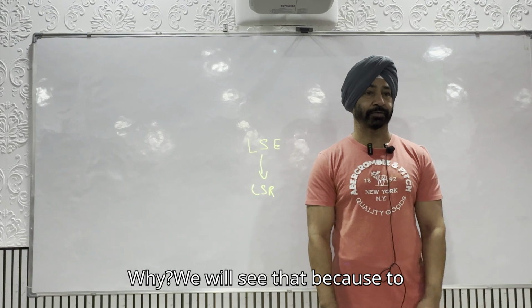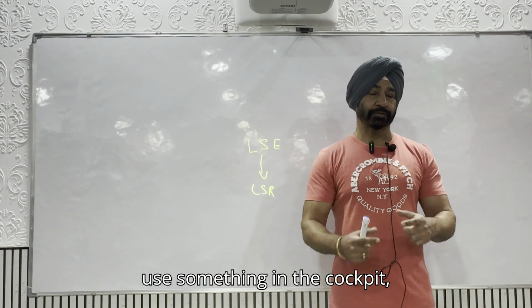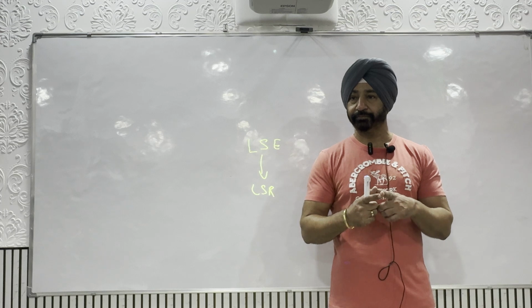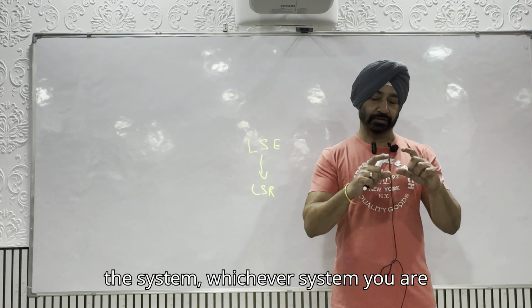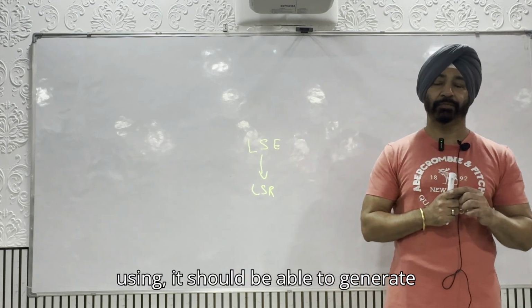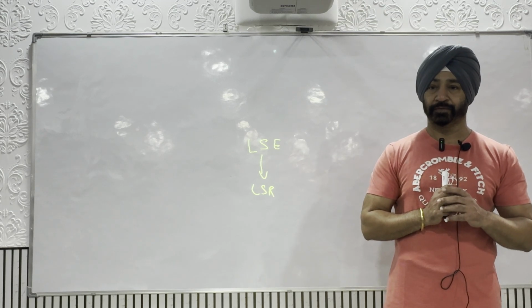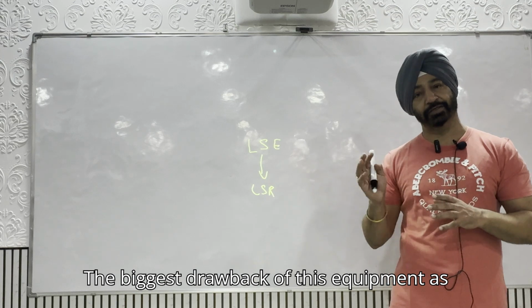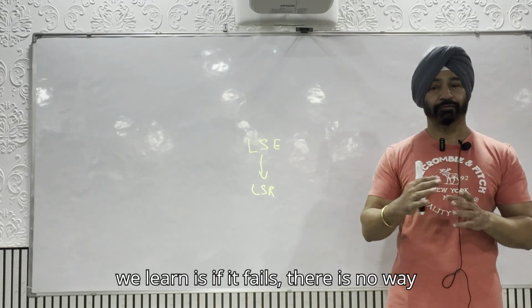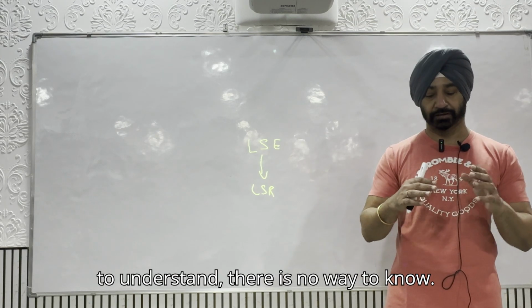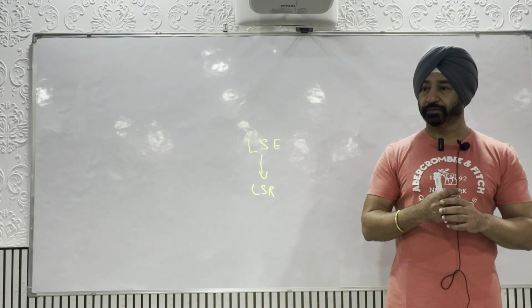Why? We will see that, because to use something in the cockpit, the system, whichever system you are using, should be able to generate an alert or warning in case of failure. The biggest drawback of this equipment, as we learn, is that if it fails, there is no way to understand. There is no way to know.